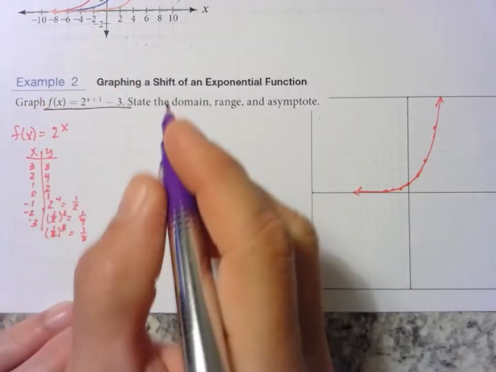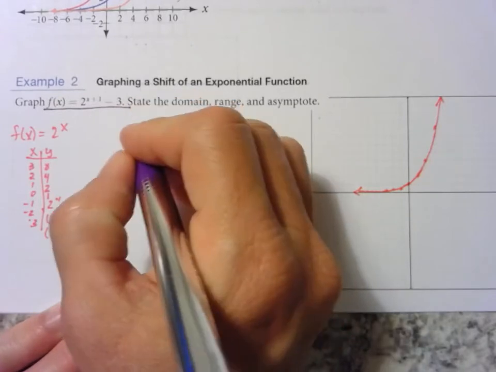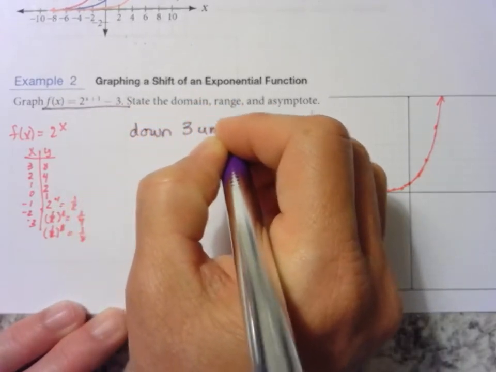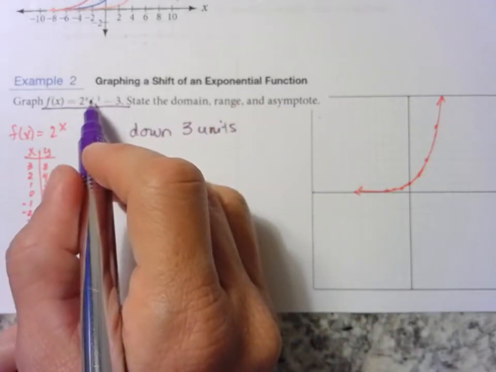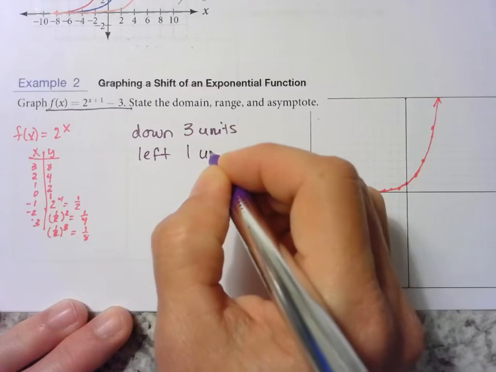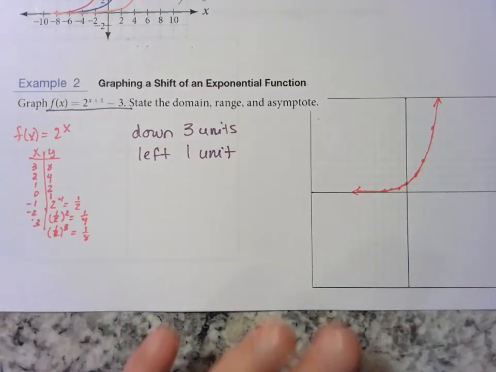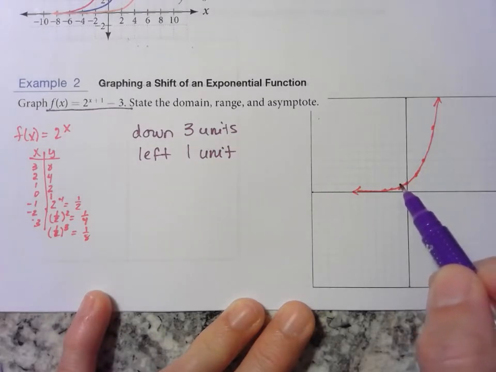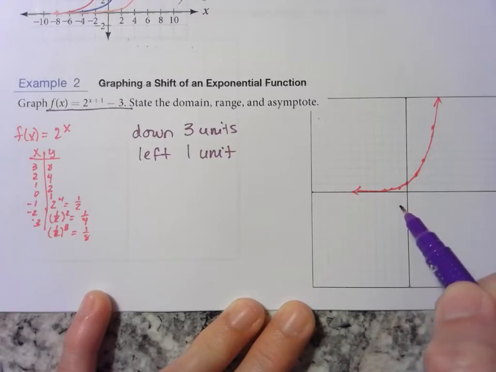In this function, the -3 will make it go down 3 units. And then the +1 is inside, which makes it go left 1 unit. So we're going to take this graph, we're going to shift it left 1 unit. You see I'm starting at (0, 1). We're going to shift it left 1 unit, then down 3. 1, 2, 3.